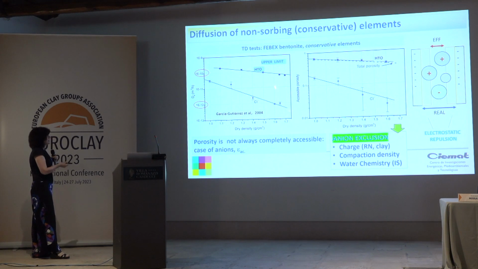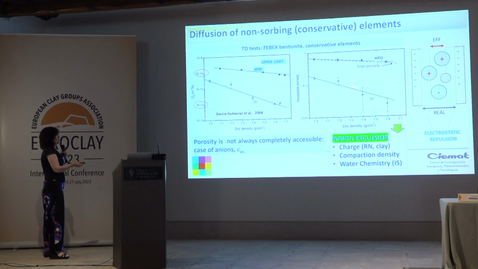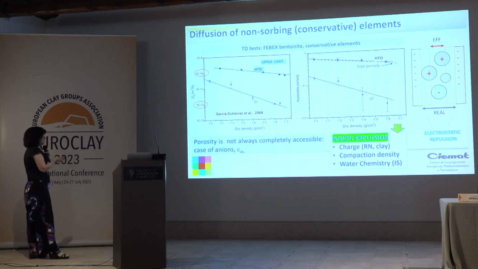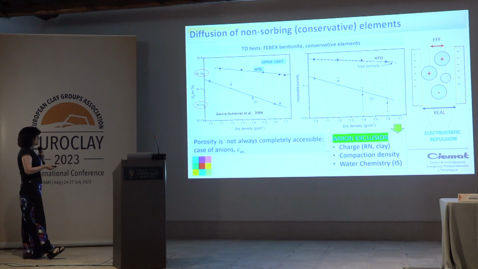This is because we have also measured the accessible porosity in this test, and we observed that the total porosity, the theoretical one, is quite similar to that determined for tritium, but in the case of chlorine, we have much less accessible porosity. So that means that the porosity that we can calculate by means of the water content is not always completely accessible to species like the anions.